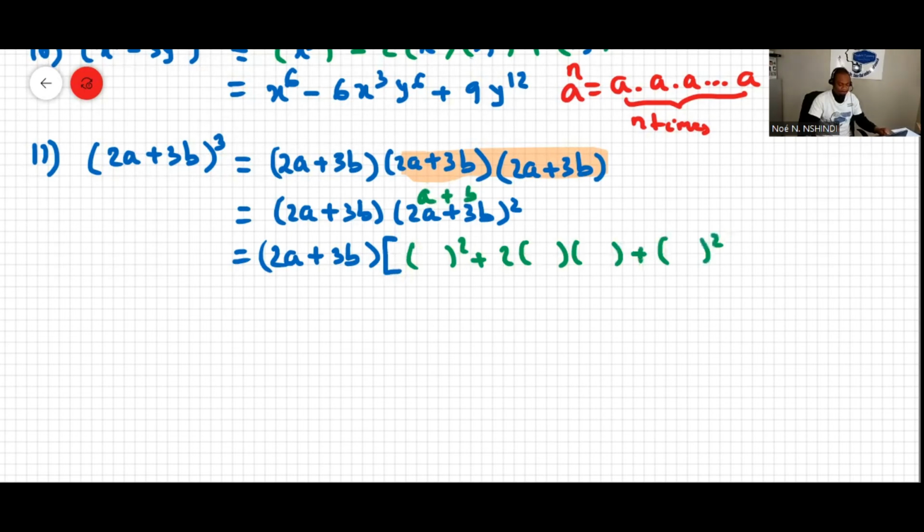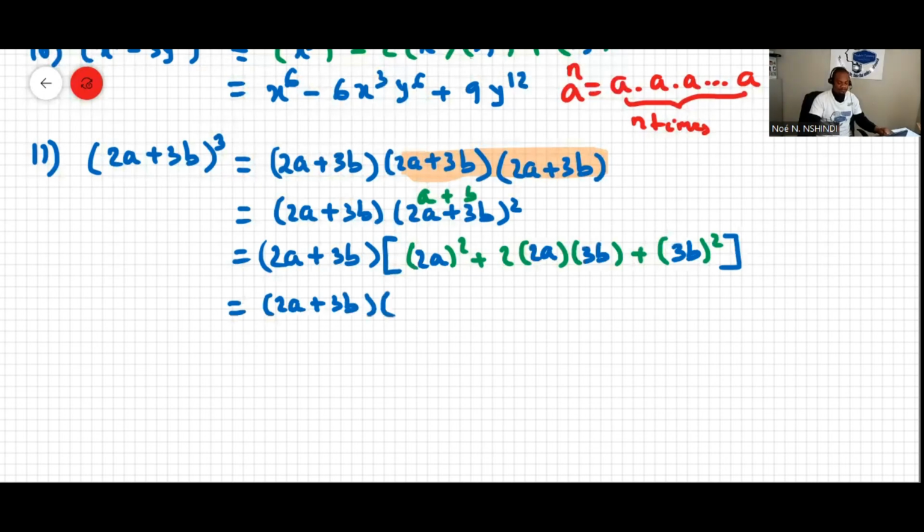Now we can substitute. a is 2a here, so 2a squared plus 2 times 2a times 3b, and then b squared is 3b squared there. Now this will be times 2a plus 3b.